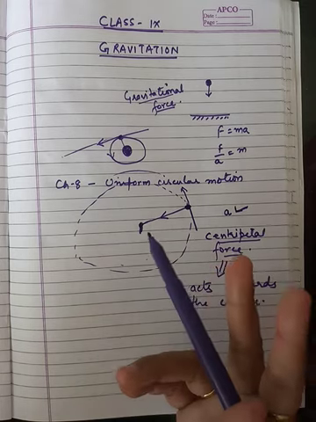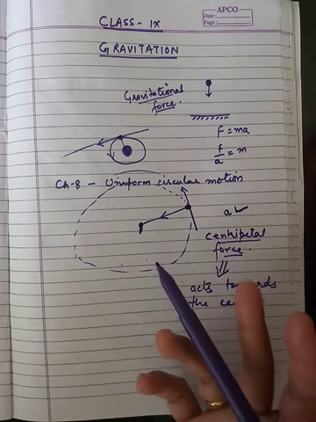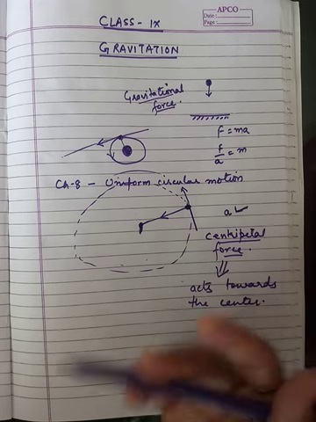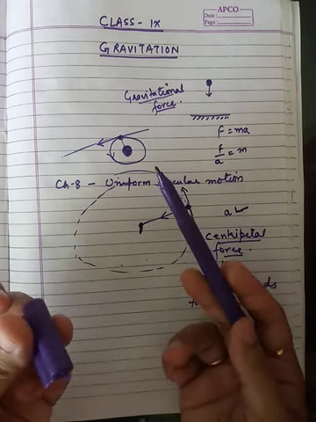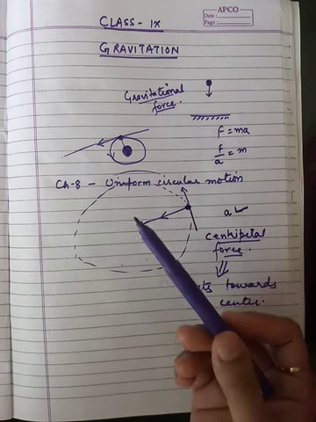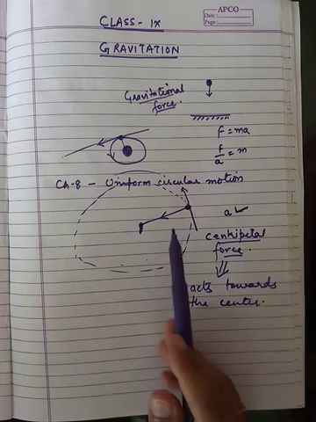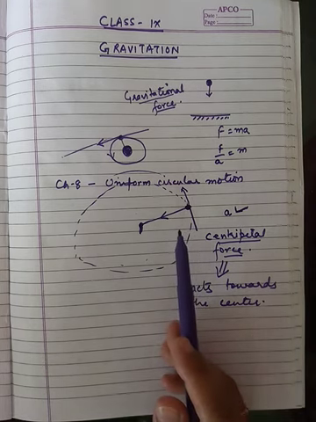Any two objects, whether small objects or very large objects, or planets, a ball and the earth, you and me, one pen and this cap. So any two objects in this universe, there must be some force existing between them.